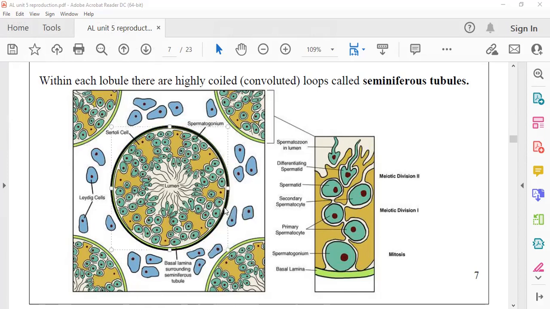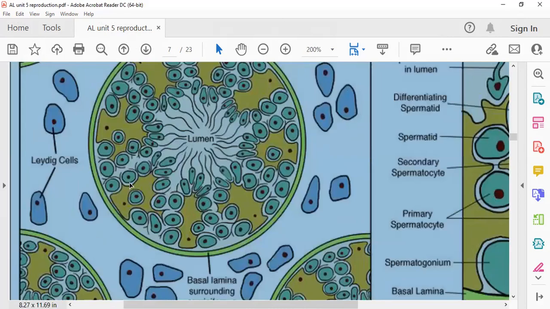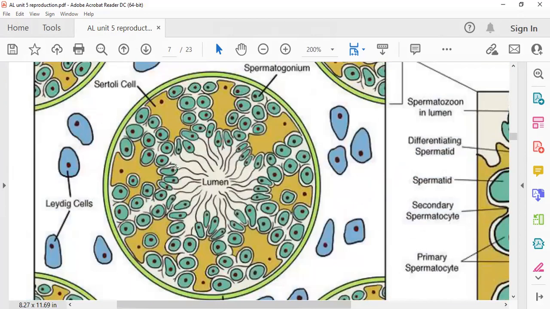If you take one seminiferous tubule, without taking many, basically there will be 2 types of cells in it.